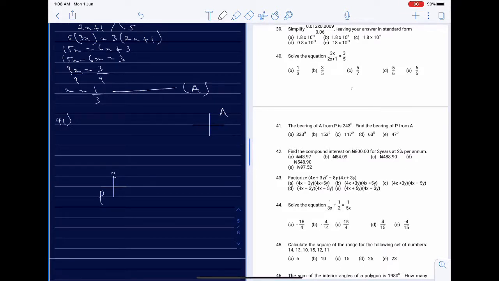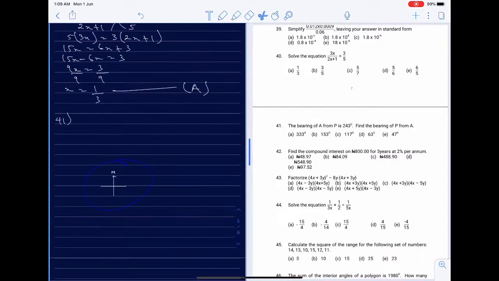The angle that runs from the north. So I need to measure that angle. I don't think this is 243. Oh, I don't think this is the right place to put A. It's actually the other way. I think I should start this way.